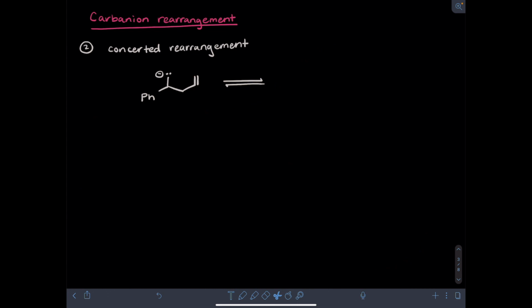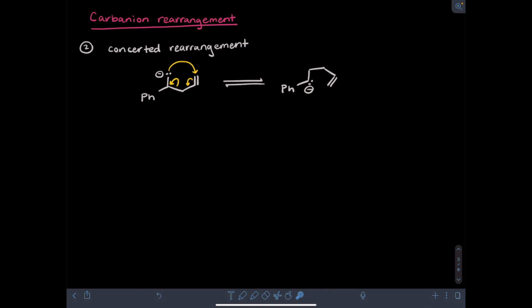Carbanions can also undergo concerted rearrangements if they're the appropriate position away from an alkene. So in this case, a carbanion is present, separated from an alkene by 2 carbons. A rearrangement reaction can occur, where I will take the carbon lone pair to the end carbon of the alkene, move the pi bond, and break a carbon-carbon bond to form a lone pair.